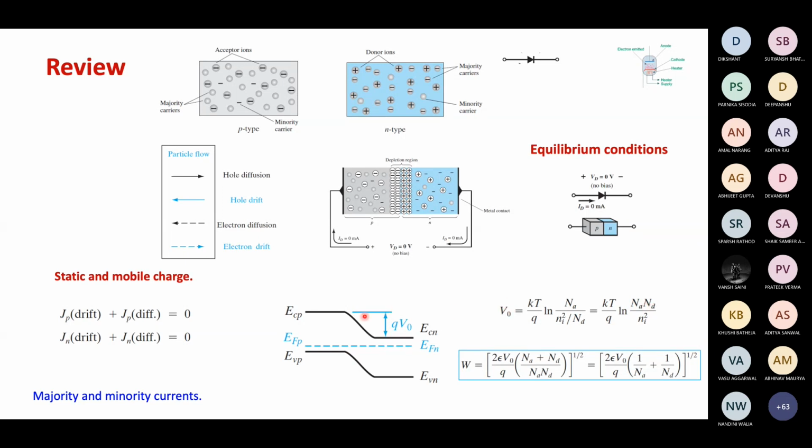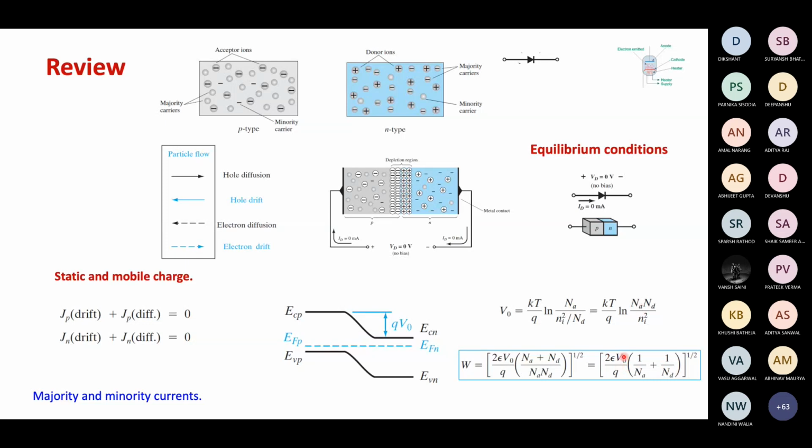This V naught is the built-in potential at the junction, or the barrier created by combining two different kinds of semiconductor materials. If the doping is more, it will be more, and the depletion width depends on the voltage and also on the doping.